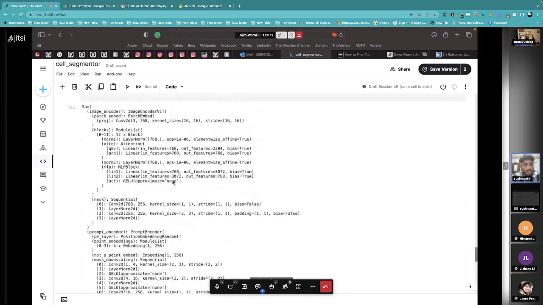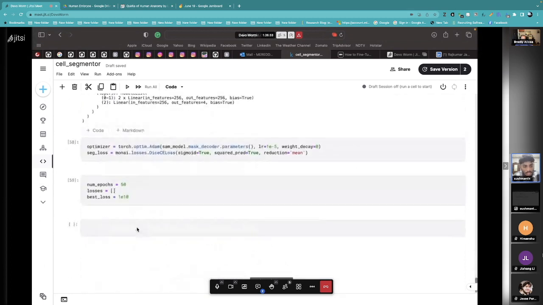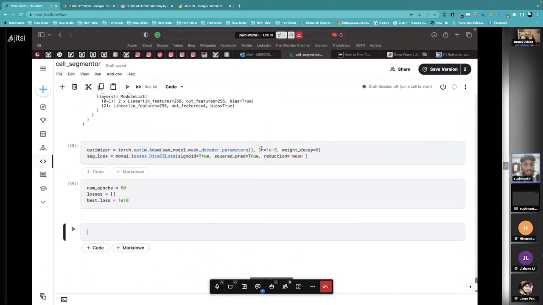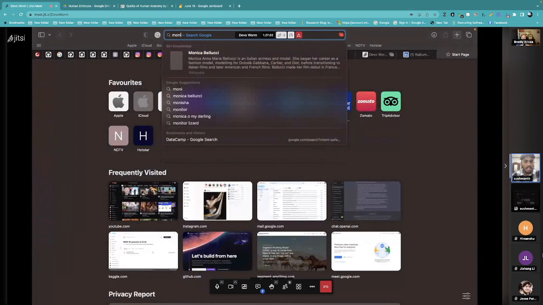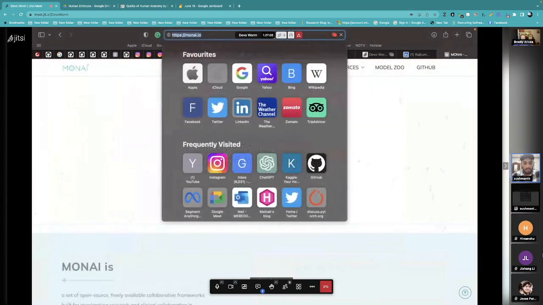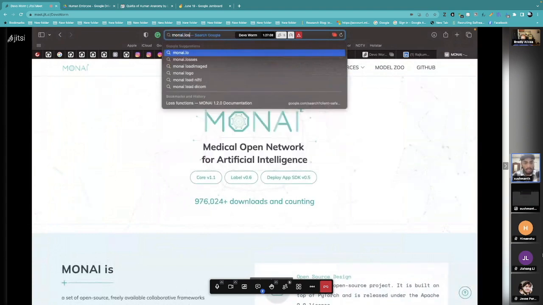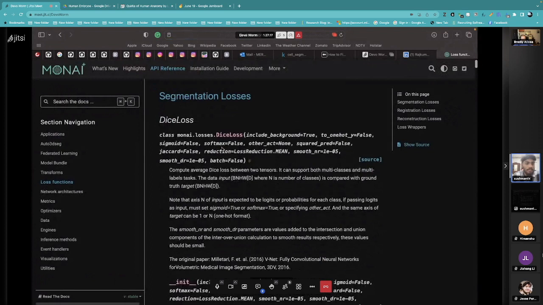I was going through the SAM architecture, the image encoder. I was almost at the end of this code. I just need to write the training loop and train it on the loss function. Right now, I was working on this loss function, which caught my interest. This is a special function, generally used only for segmentation.